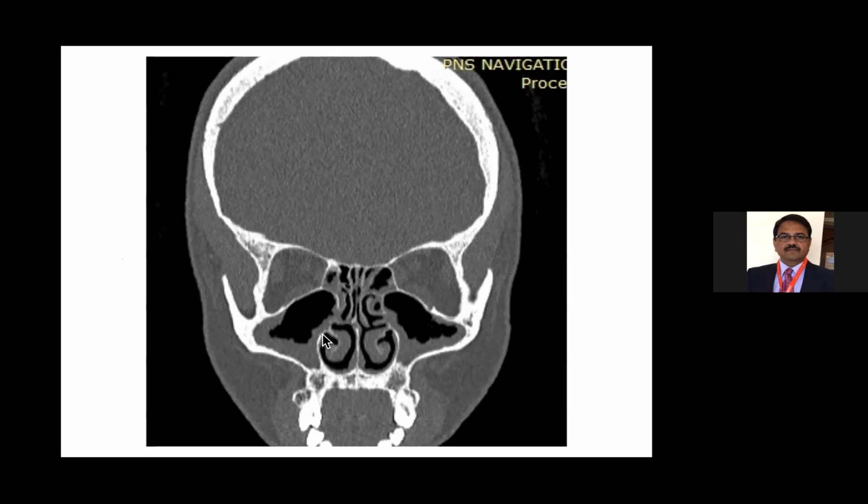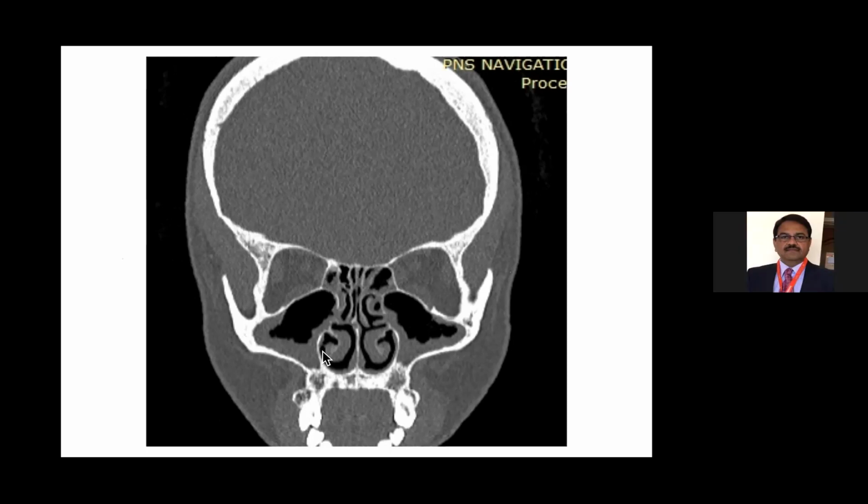That's not a big issue for us, but it's a point to be noted. Why is this line important for me? If this line is lateral to the lamina papyracea, I'm dealing with a hypoplastic maxillary sinus.